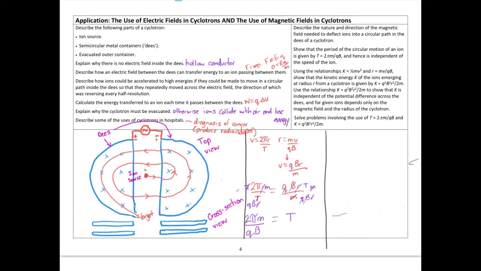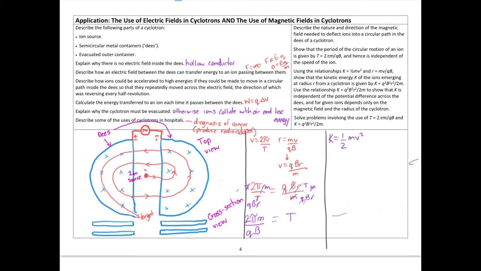That's pretty important. You also need to solve problems using those two relationships. But just to finish on, I'll quickly show you that derivation. Let's go to purple. So once again, we need to know that K equals a half mv squared.